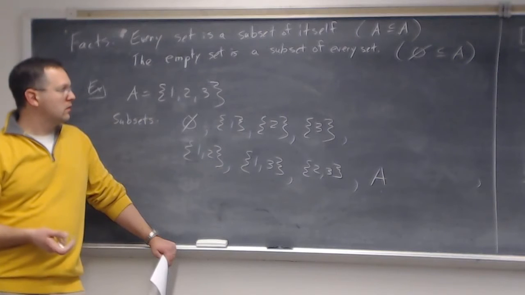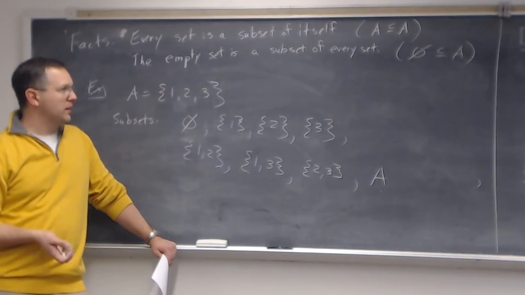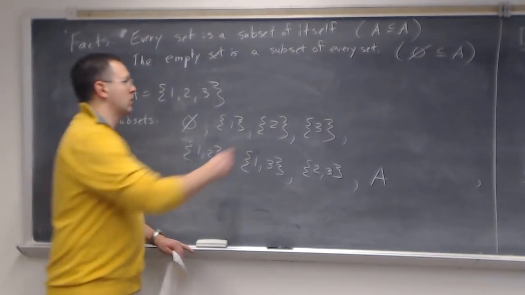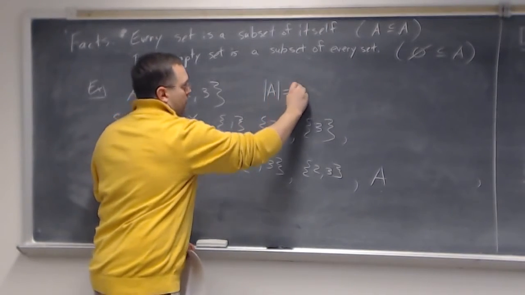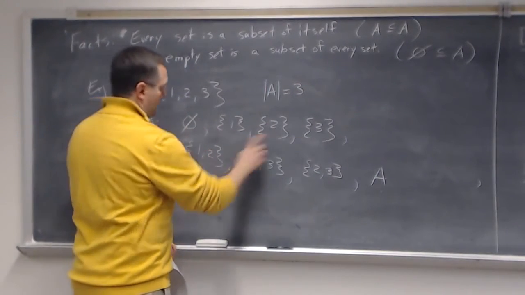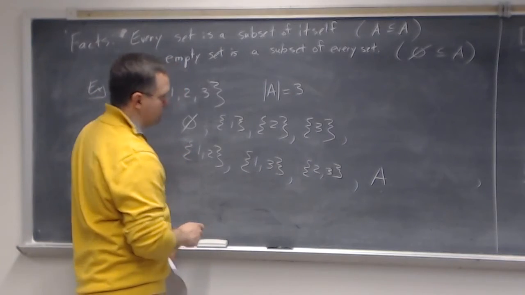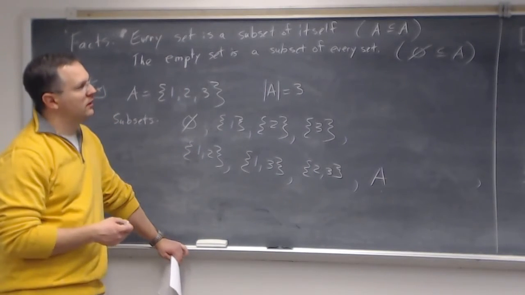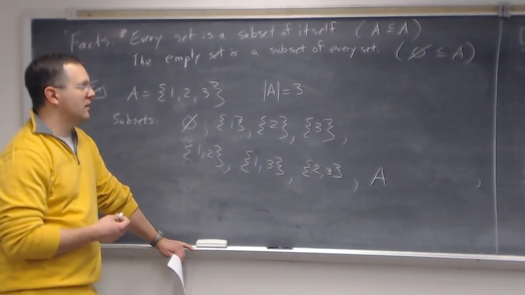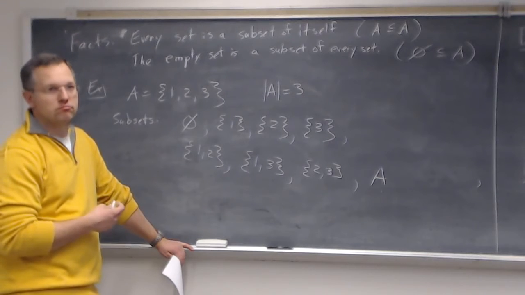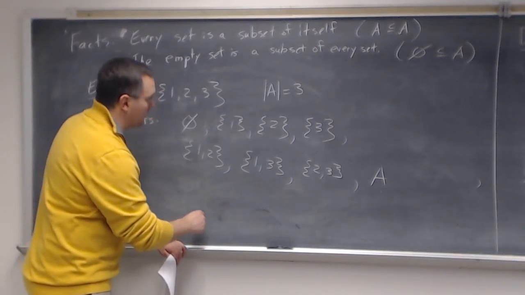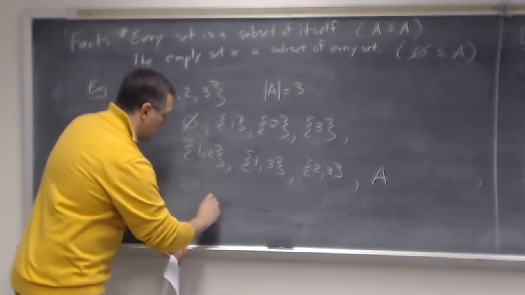So we had 3 elements in the original set, right? The order or the size of A is 3. How many subsets did we get? 8. 1, 2, 3, 4, 5, 6, 7, 8. It would be neat if there was a way we could calculate the number of subsets of a set if we already knew the size of the set. Yeah, so you see a connection between the number 3 and the number 8.